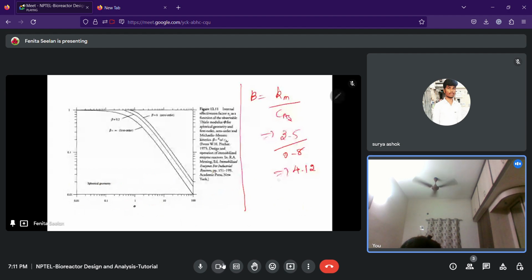This figure shows the internal effectiveness factor as a function of the Thiele modulus for spherical geometry, with first order and zero order provided here. We can use this to calculate our values.